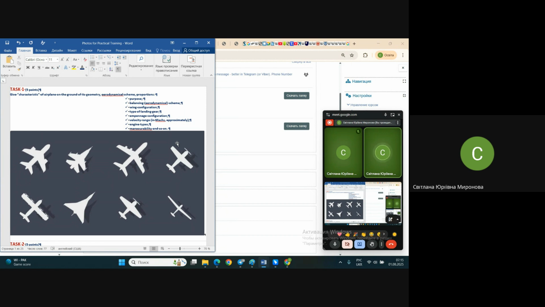What is the aerodynamical scheme of the airplane? What is the wing configuration of the airplane? Those are not names, they are all given in lectures and books, and I hope I will not forget to show you where to find additional information. What is the landing gear, if it's visible?